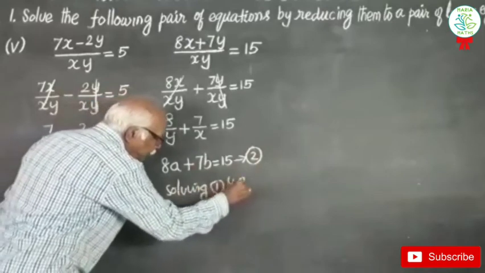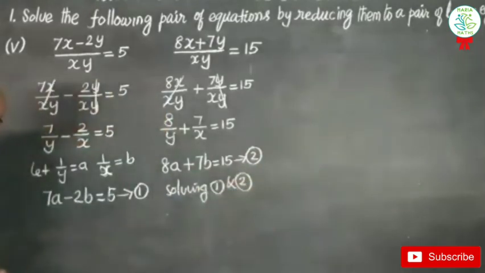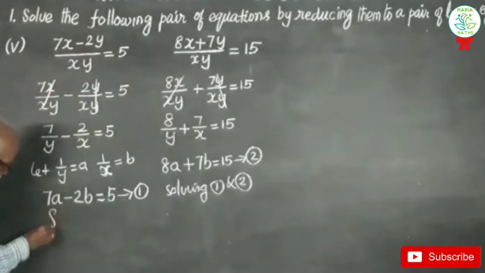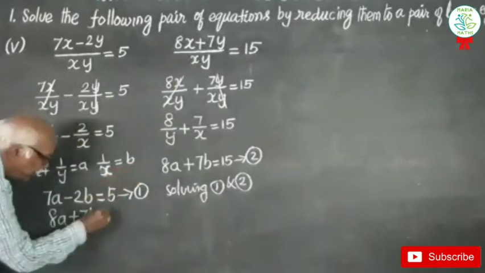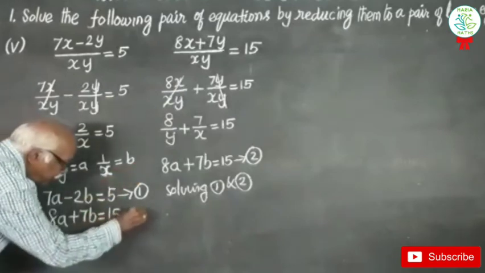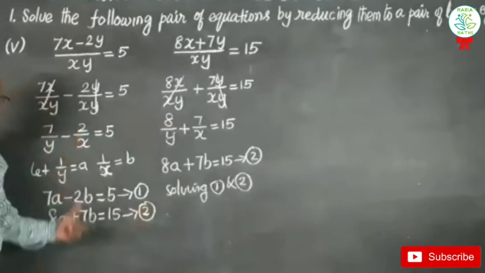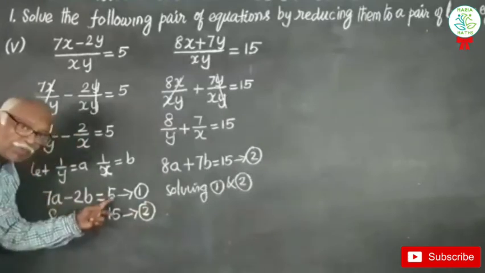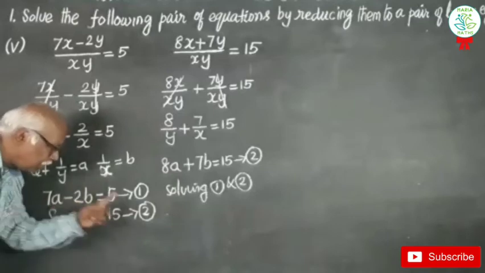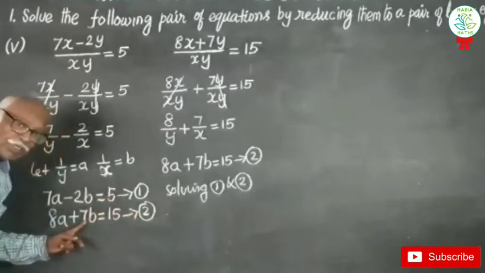Now solving. 7a minus 2b equal to 5, and 8a plus 7b equal to 50. Now we can cancel b. To cancel b, multiply equation 1 by 7 and multiply equation 2 by 2.